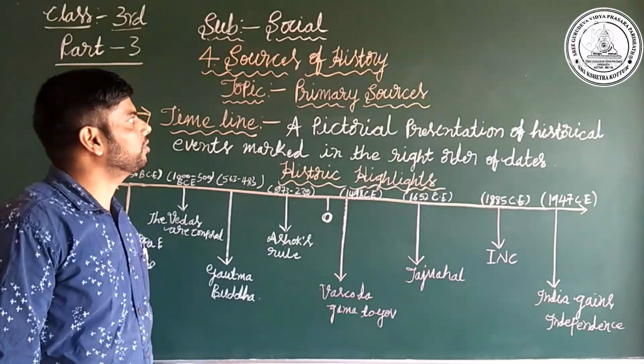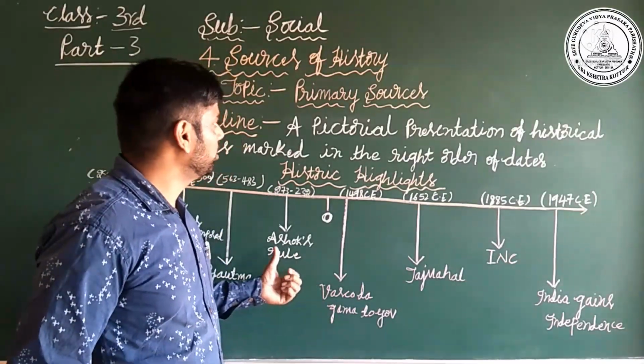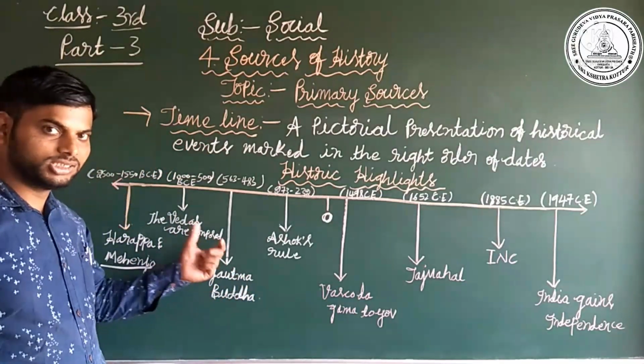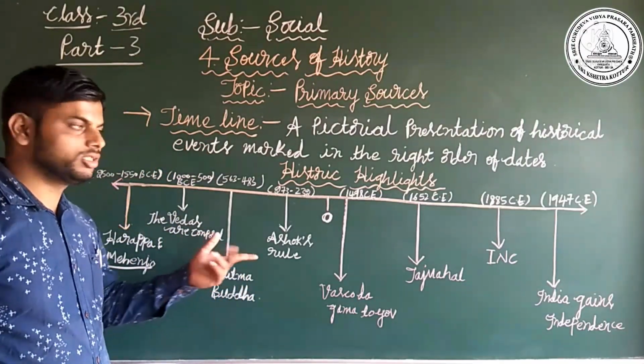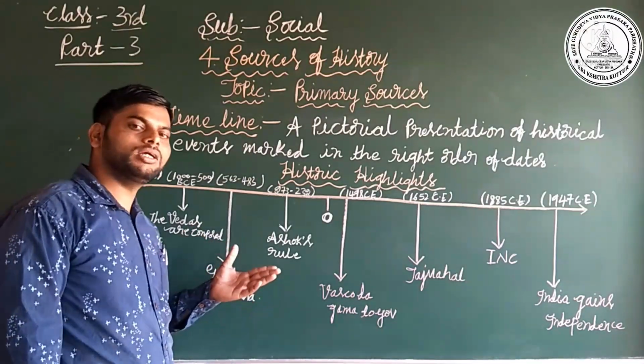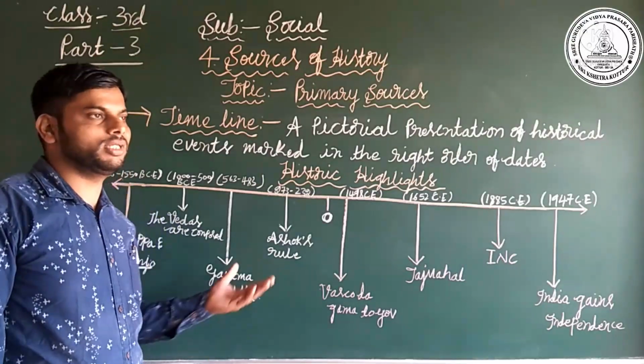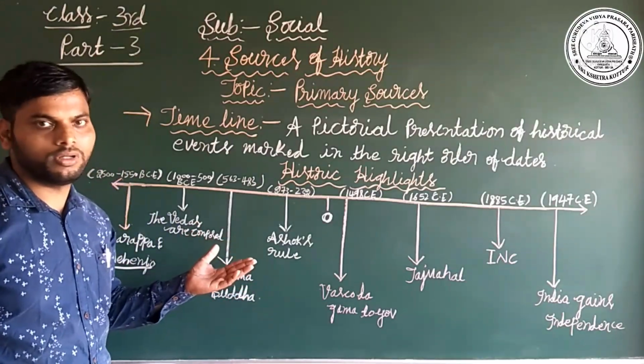My dear students, that is all about today's class. What did we learn today? We learnt about inscriptions. An inscription is something written on a relatively hard surface, whether metal or stone.